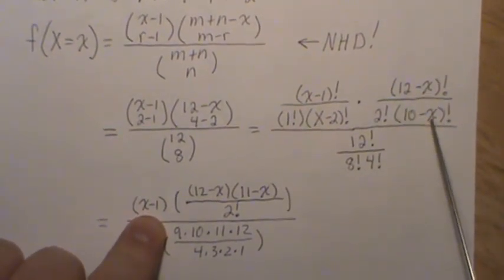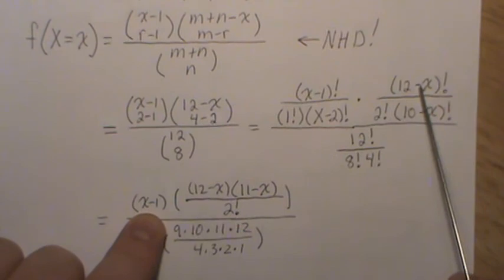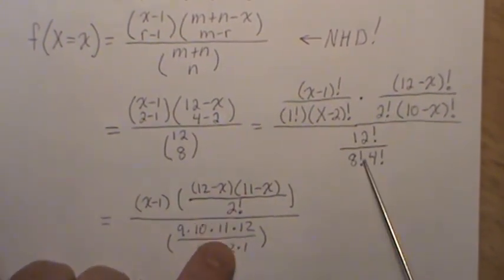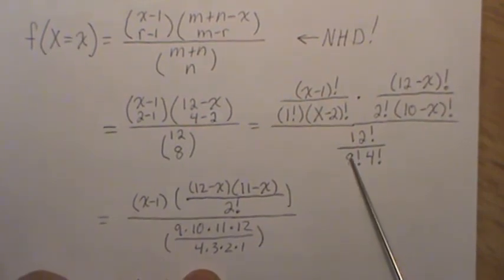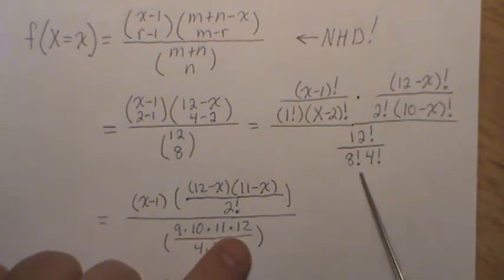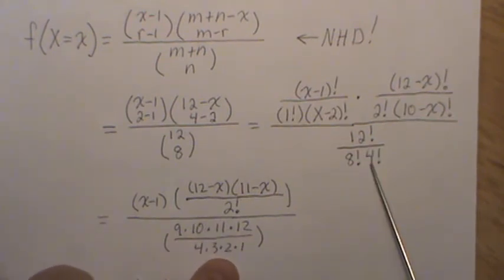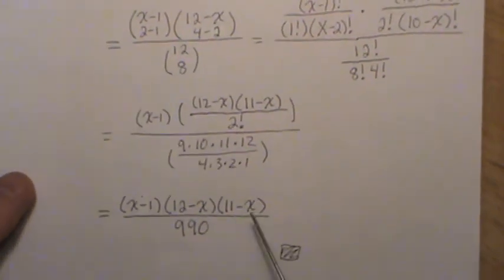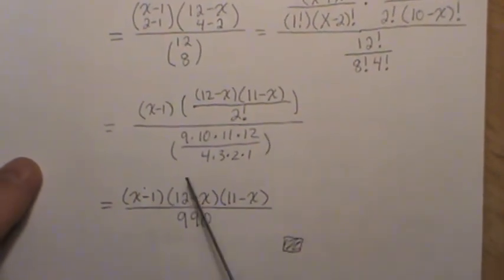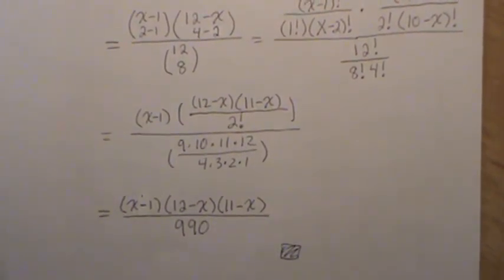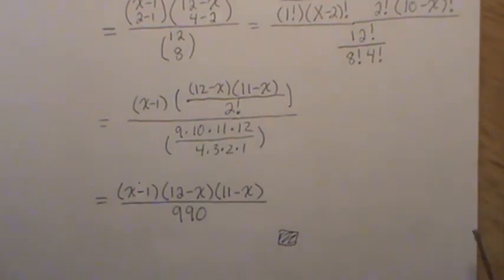All of these terms cancel with all of these but 2 of them, which are those in the top, and then we have 2 factorial. The 8 factorial cancels, leaving 9, 10, 11, 12, and then 4 factorial is 4, 3, 2, 1. When you do the math, what's left over is this polynomial on top, and the numbers multiply out to 990. That's the same answer that we got in our first solution.